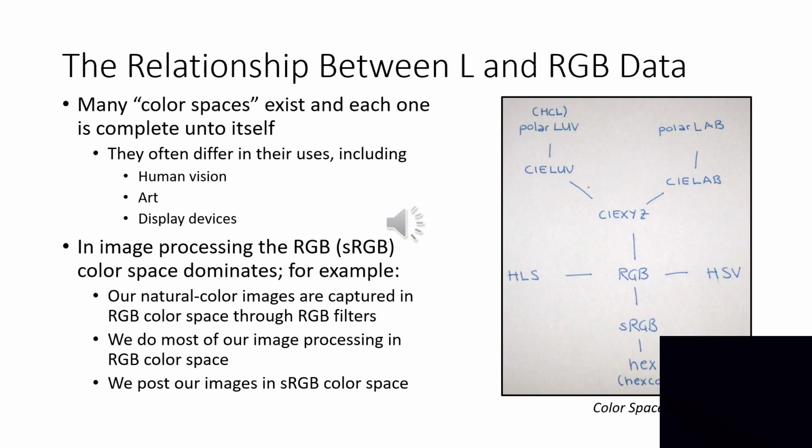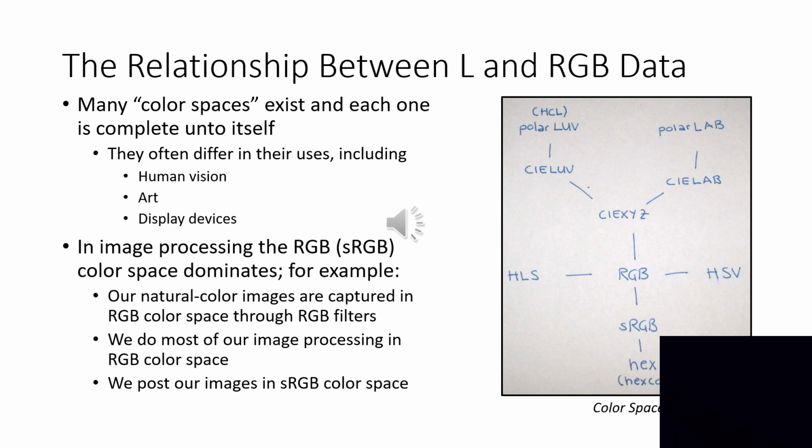In order to address this question, the first thing we have to do is understand the RGB color space and its relationship to other color spaces. Yes, there are a wide variety of color spaces, a small number of which are shown in this diagram. The RGB, which sits here, is related to these other color spaces by various mathematical transformations. Why do we have all these color spaces?